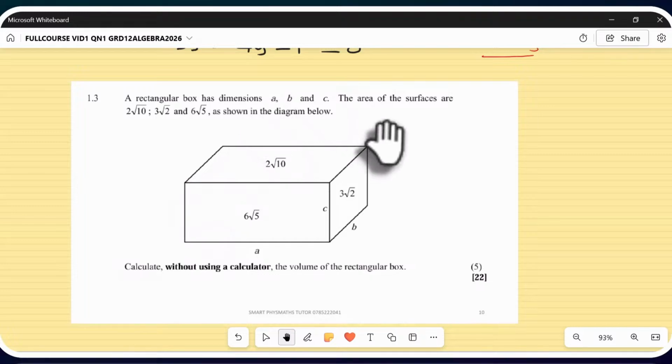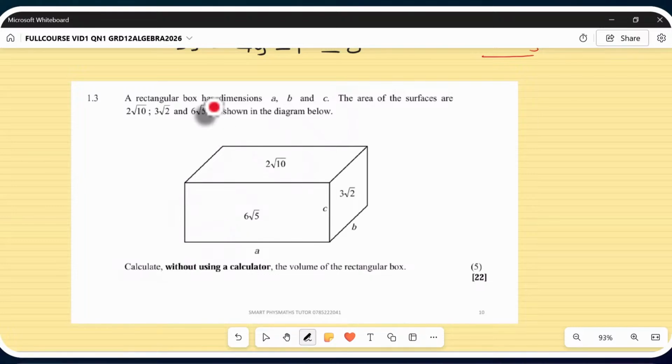The volume equals base times height, in other words, volume equals A times B times C. This is A, this is B, this is C here. So let me start with A times C.